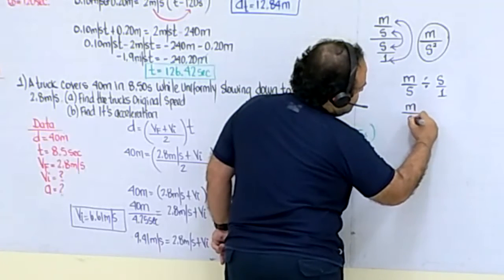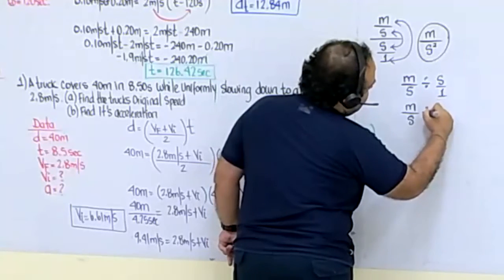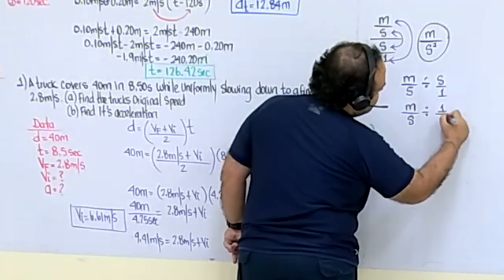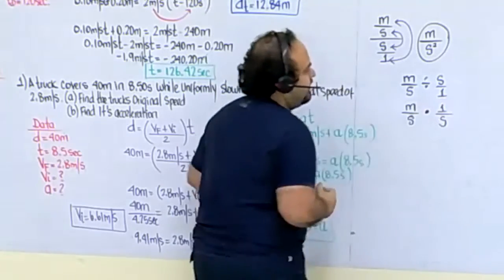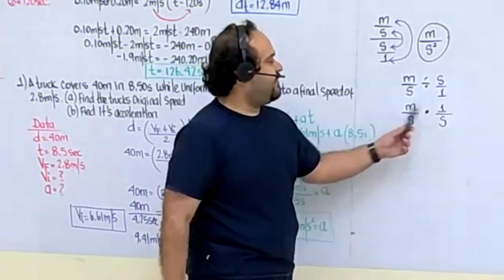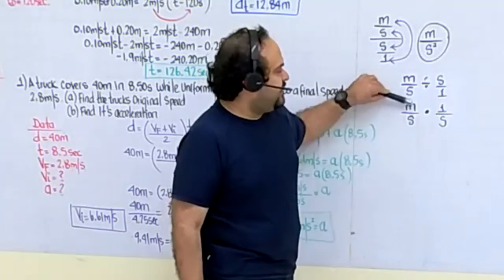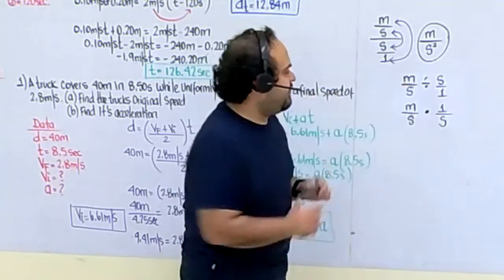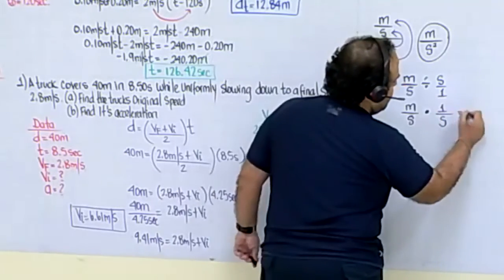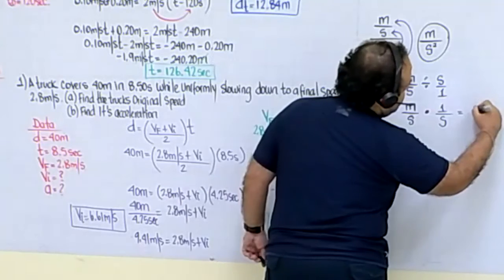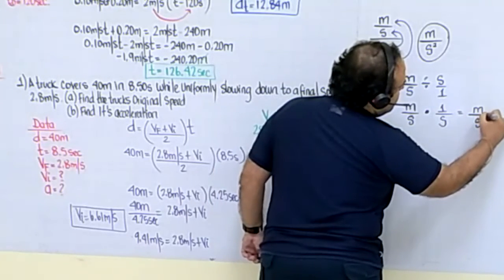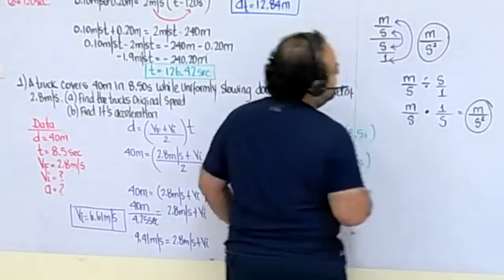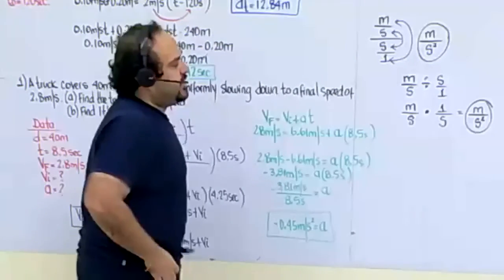Meters per second divided by 1 over second. Oh sorry, this is not dividing, this is going to be multiplying. And how do we multiply fractions? Numerator with numerator and denominator with denominator. Meters times 1 is meters, and second times second is seconds squared. This is another way of doing it. Understood?